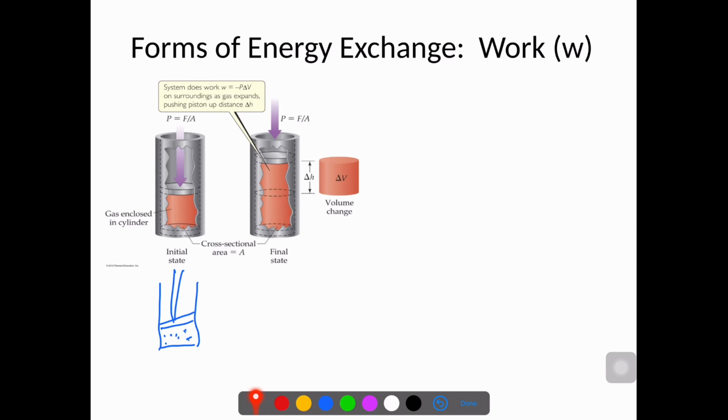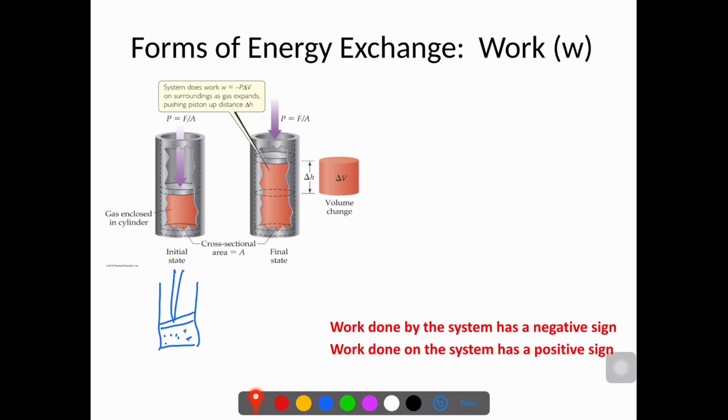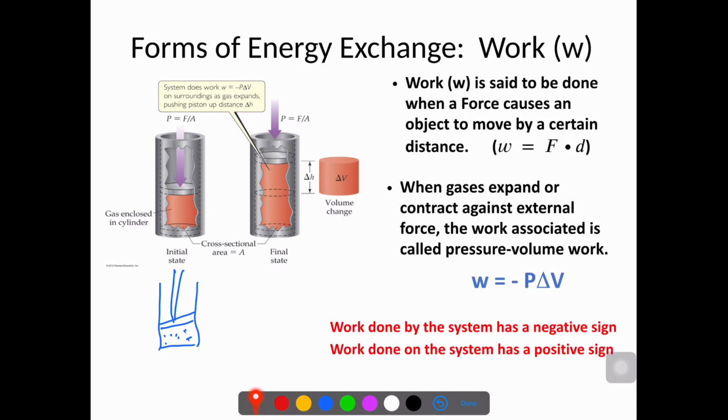So the key point is you can also make the system do work, or do work on the system, to change the internal energy. So what is work? Work is nothing but mechanical energy, and work is said to be done when a force causes an object to move by a certain distance.